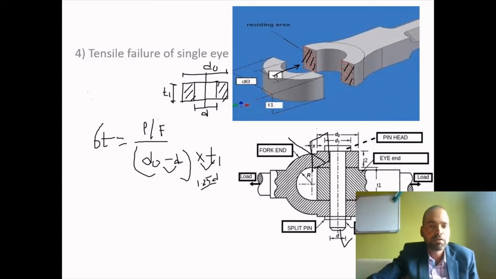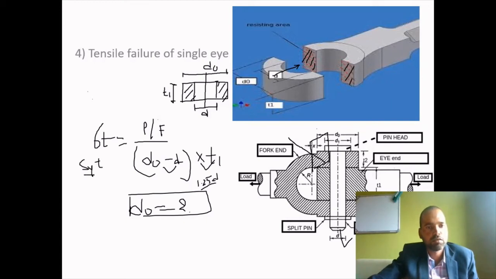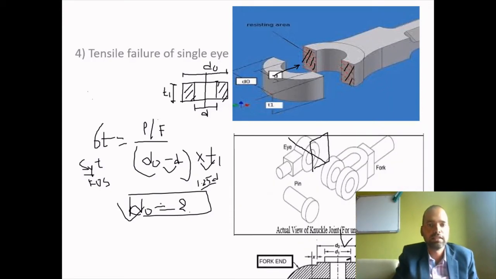D is the maximum D from shear or bending failure. Only unknown was d0. We can find out that d0. Understand? Now if P is known, sigma T is calculated from Syt and factor of safety. We can easily find out this d0. Right? This is tensile failure of a single eye.